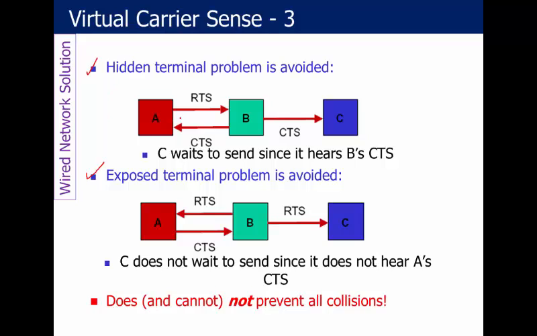When A sent to B, C also sent to B. In order to avoid that, when A wants to send, A needs to say, hey, I'm ready to send. Then B needs to say back to A, clear to send. Therefore, C waits to send.